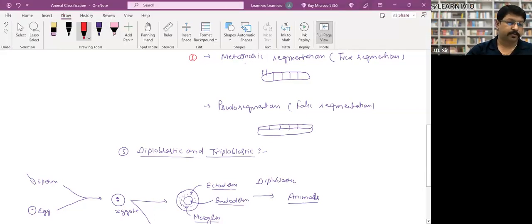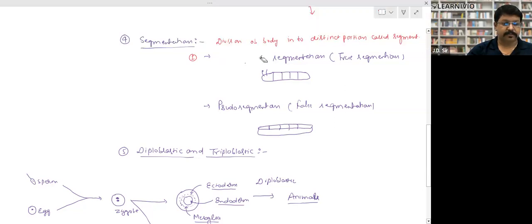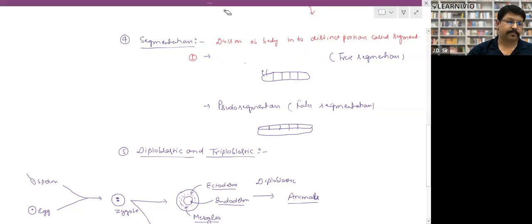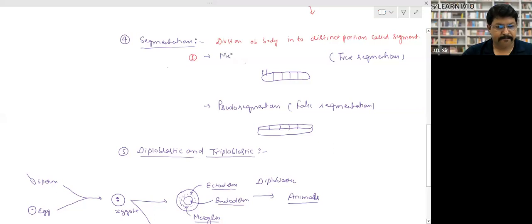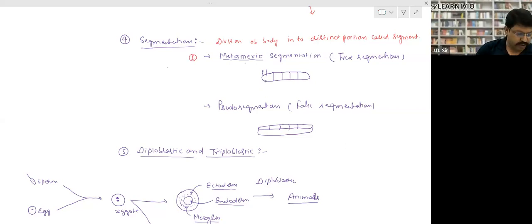The first segmentation is metameric segmentation. So metameric segmentation is true segmentation.